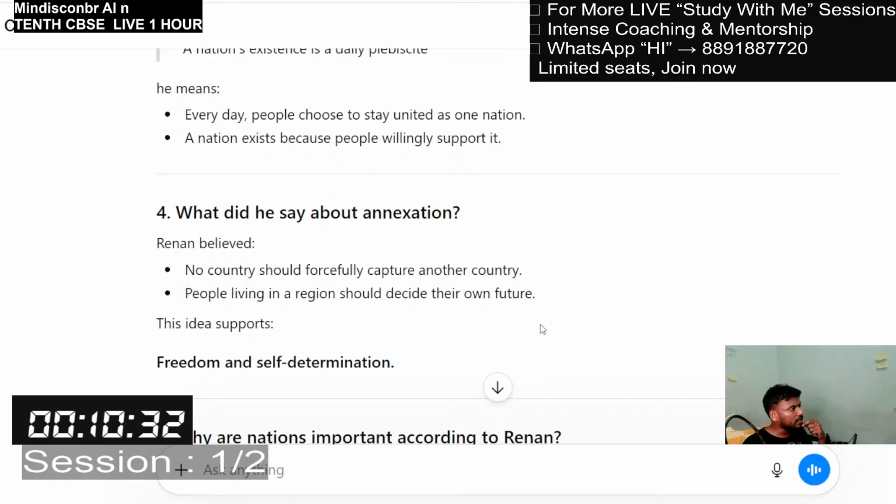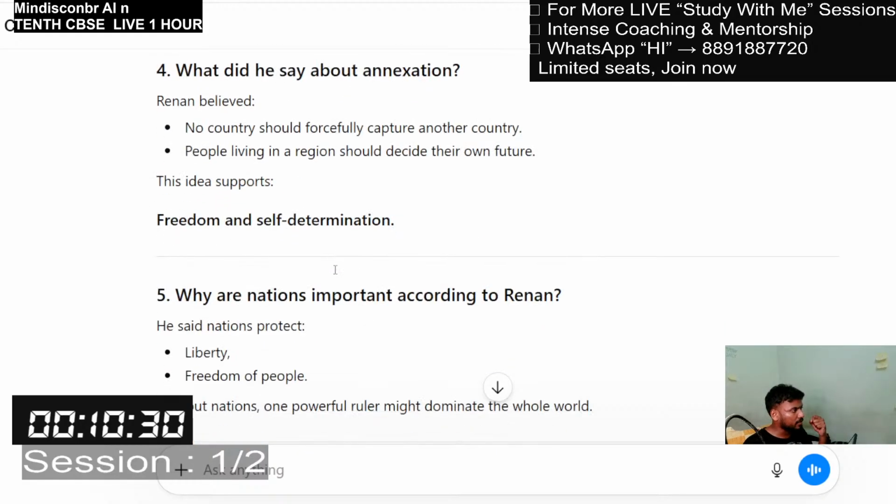What did he say about annexation? Renan believed no country should forcefully capture another country. People living in a region should decide their own future. This idea supports freedom and self determination.